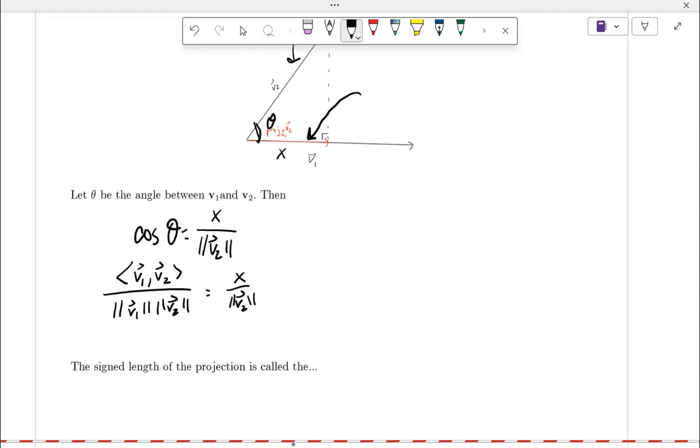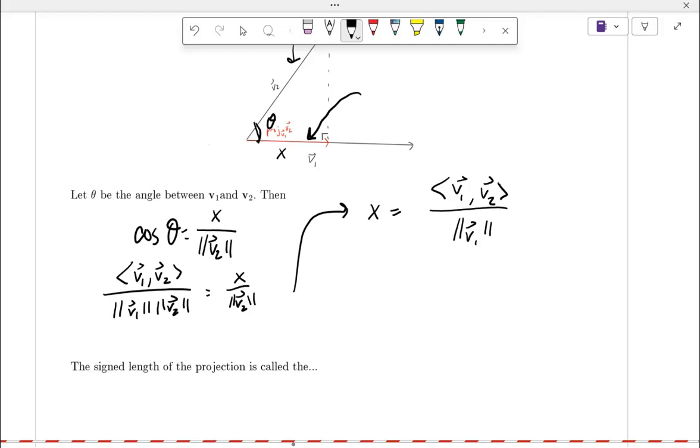We agree with that? Okay. Now I can figure out what x is. Multiply both sides by the magnitude of V2. Notice that goes away. You get the inner product of V1, V2 over the magnitude of V1. Okay?